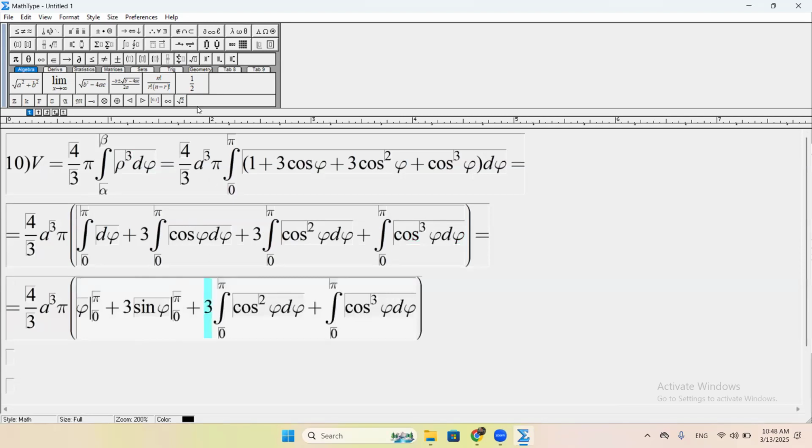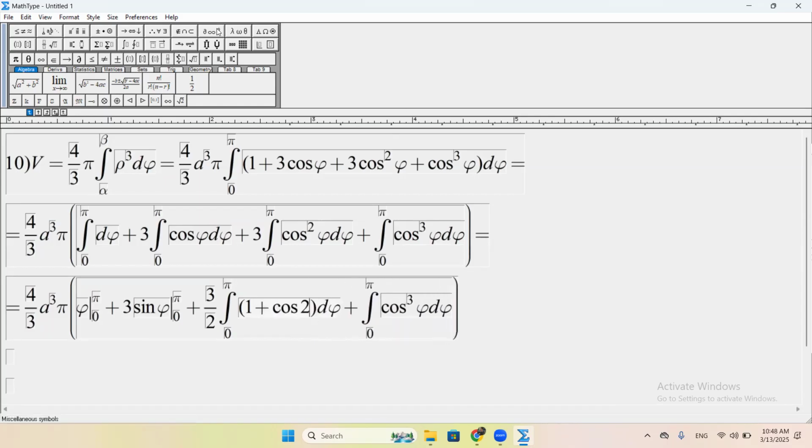Then let's reduce the power here: 3 over 2 times (1 plus cosine of 2 phi) d phi. And here we will have to use the differential entry technique: 1 minus sine squared of phi, multiplied by the differential of sine of phi.